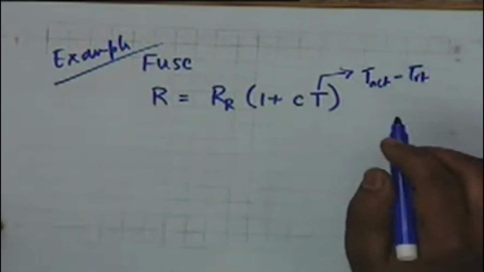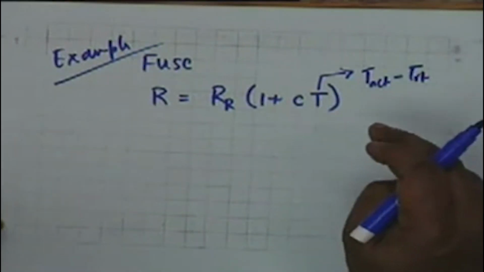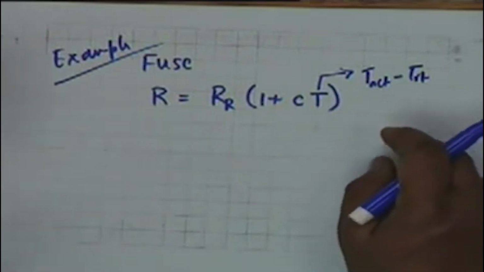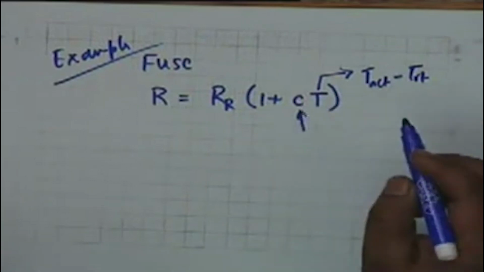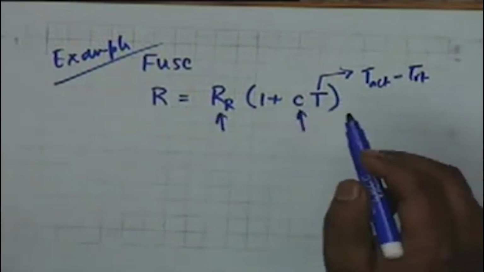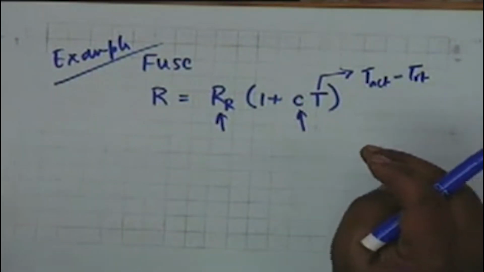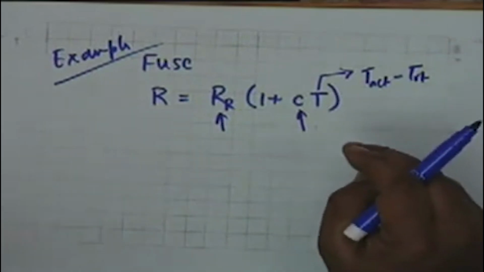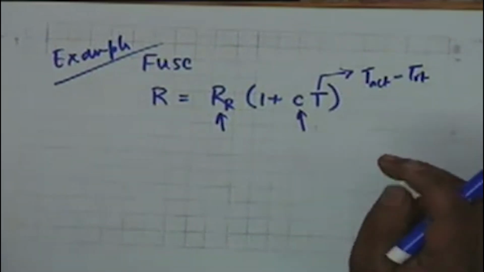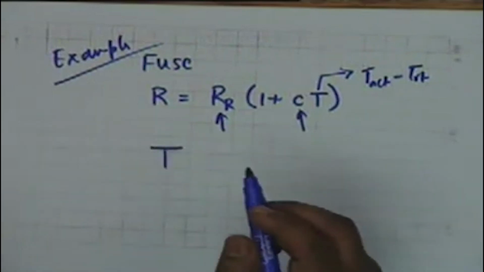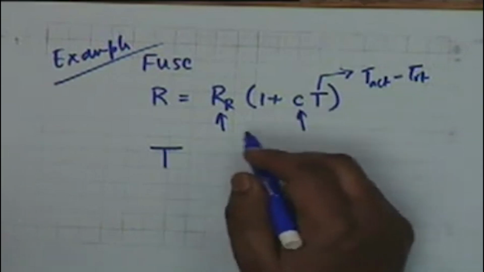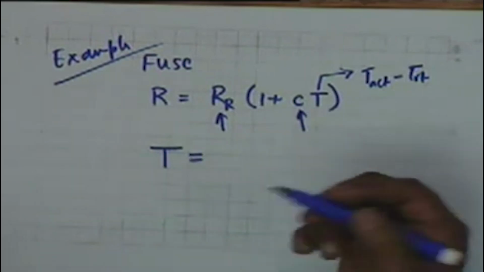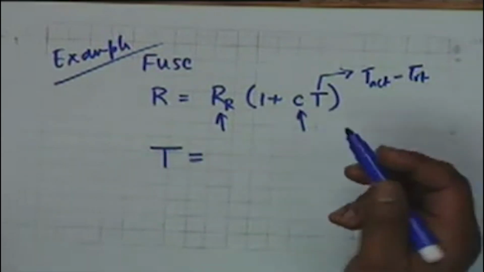Capital T is the difference between the actual temperature and the room temperature, or the rise above the room temperature. C is a proportionality constant, and R_R is the resistance of the fuse at room temperature. It is also given that the temperature rise is proportional to the power being fed to the fuse.